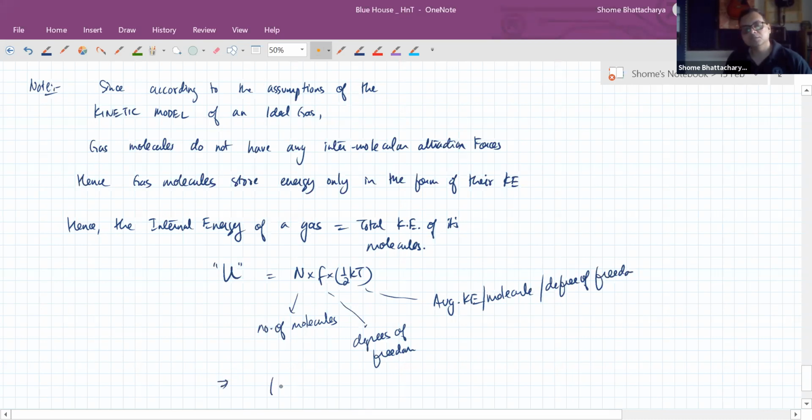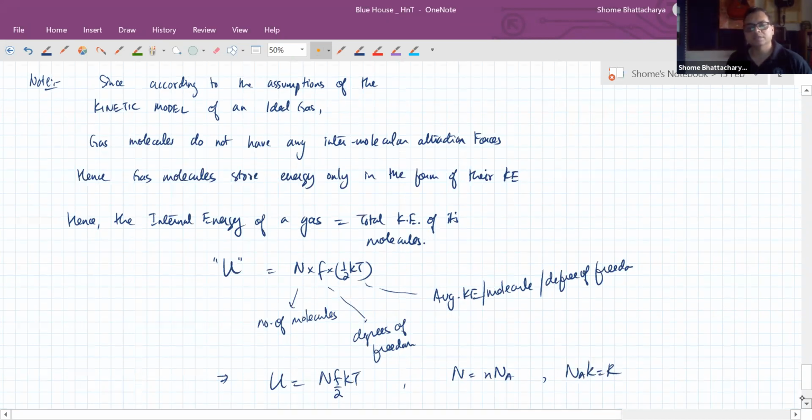So internal energy becomes this, where of course capital N is small n, the number of moles, into Avogadro's number, and Avogadro's number into Boltzmann constant is R. So the internal energy is also given by this formula.